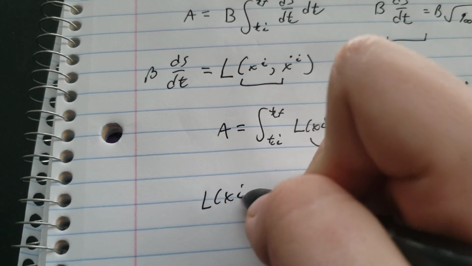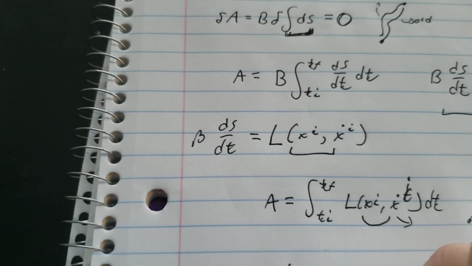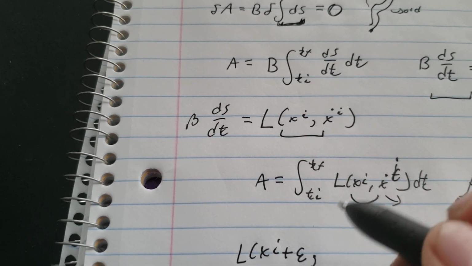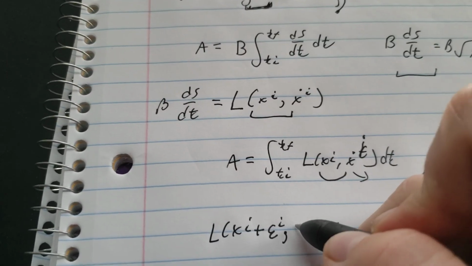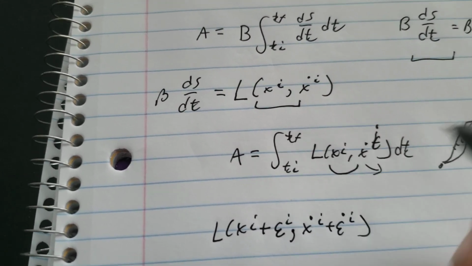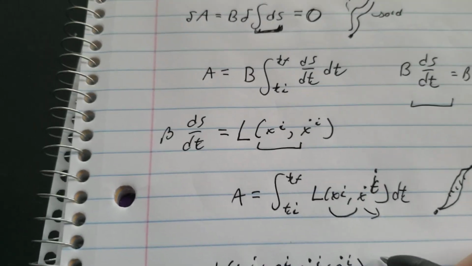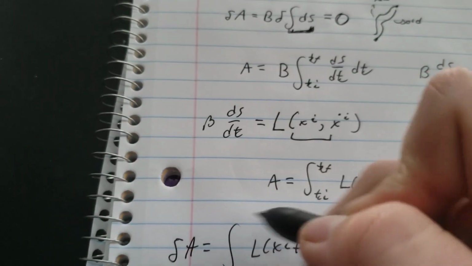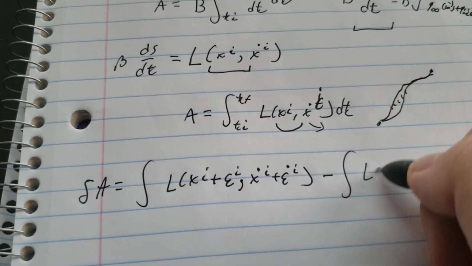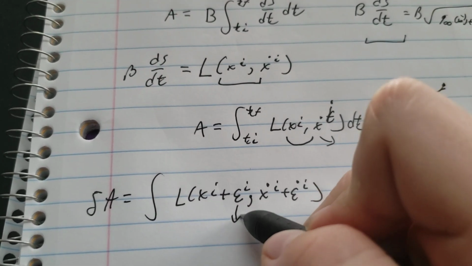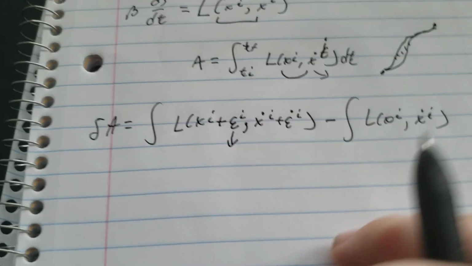So we're going to write x_i plus epsilon, and take the time derivative of that, minus L of x_i, x dot i, in the limit that epsilon becomes infinitesimally small.